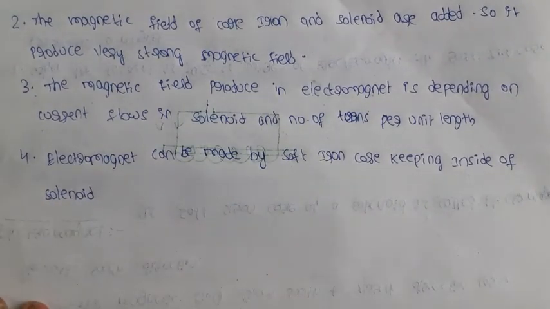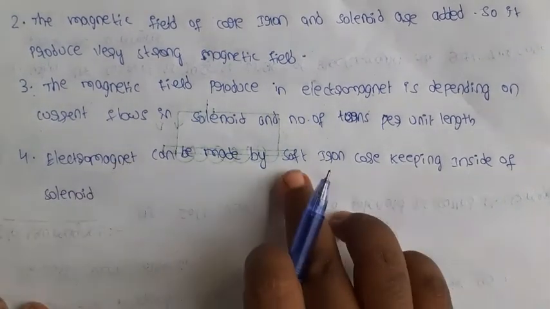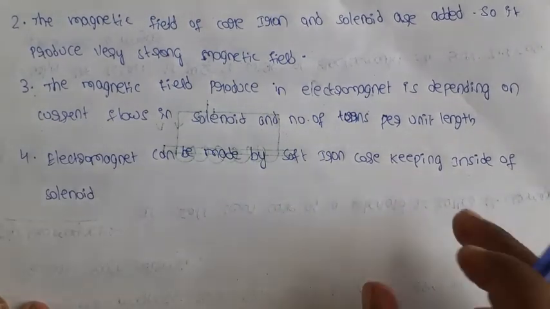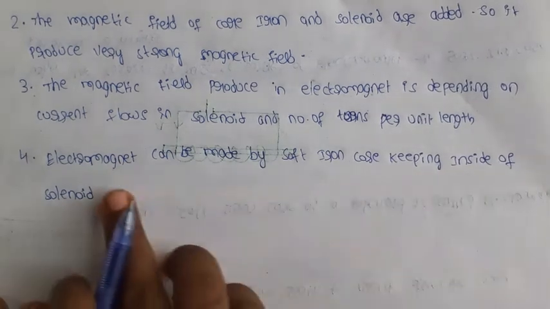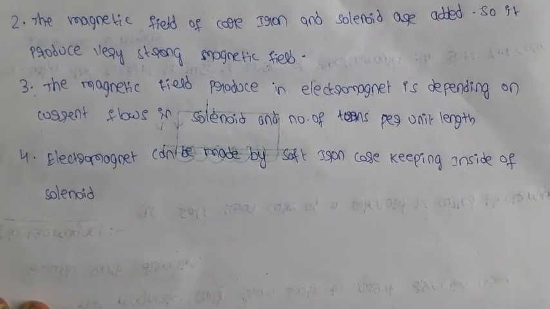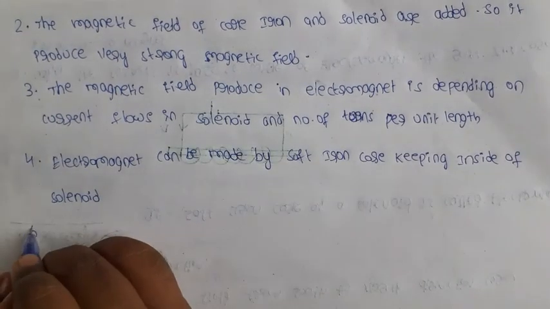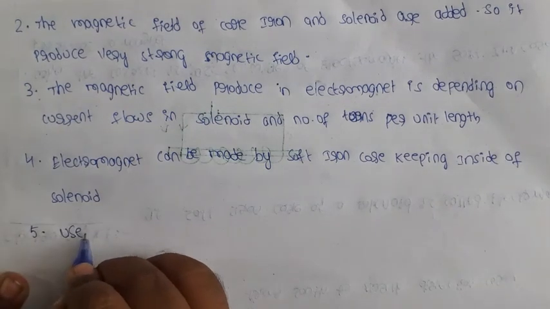Have you made the electromagnet? Soft iron core is kept inside the solenoid, then that is called electromagnet.